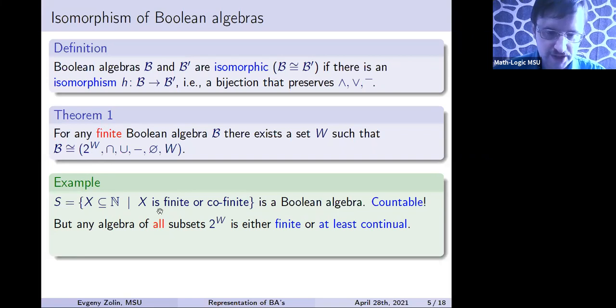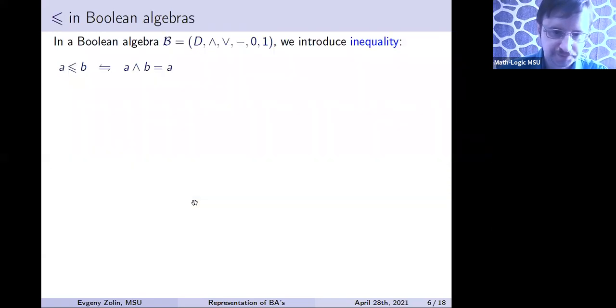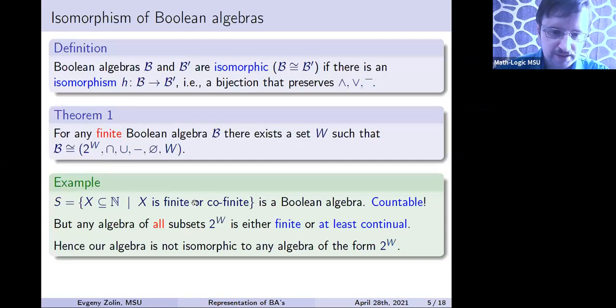So this algebra S cannot be isomorphic to 2 to the power W for any set W. So this is a different kind of Boolean algebras. So let us try to reach this first result. We can say that this is Stone's theorem, but in a very weak form, only for finite Boolean algebras.